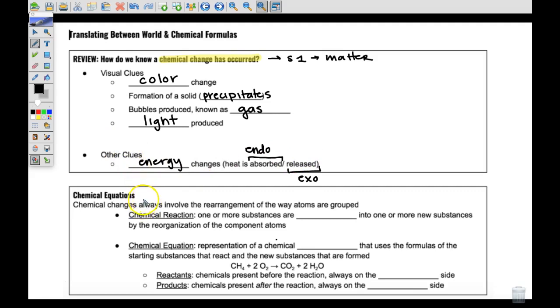Another piece of review is about chemical equations from the first half of this success criteria. So chemical changes always involve the rearrangement of the way atoms are grouped. This sentence implies that no atoms are lost or gained.